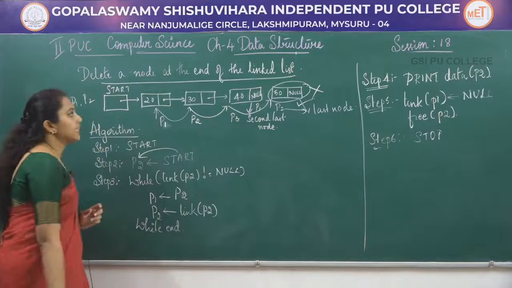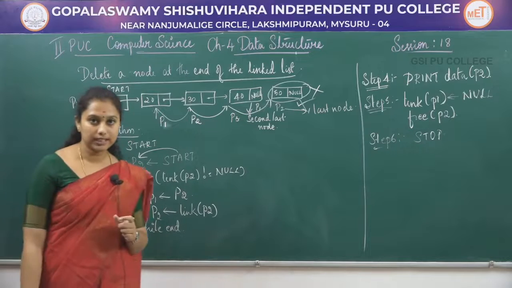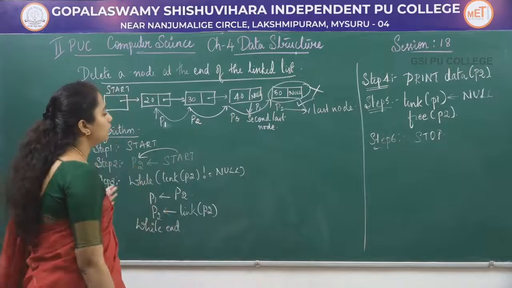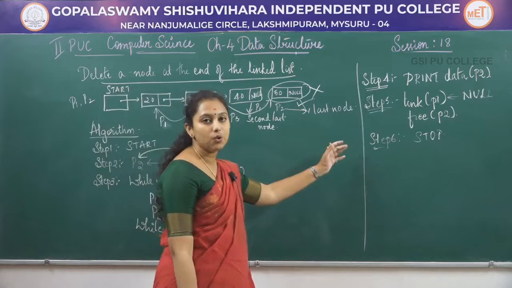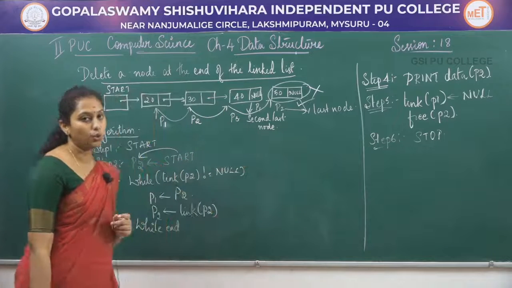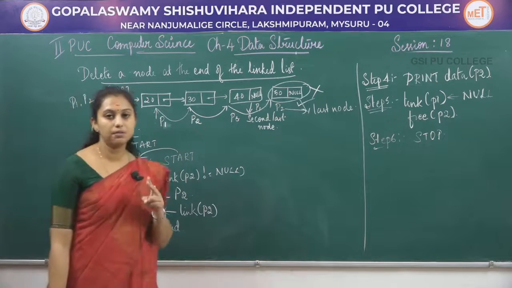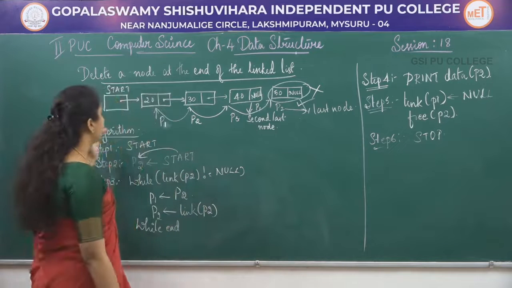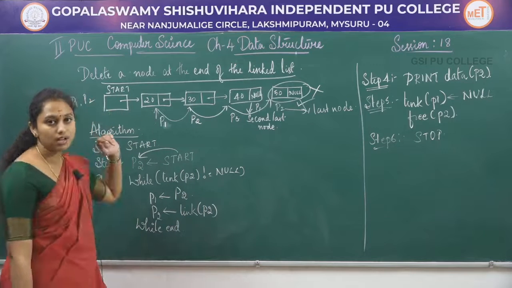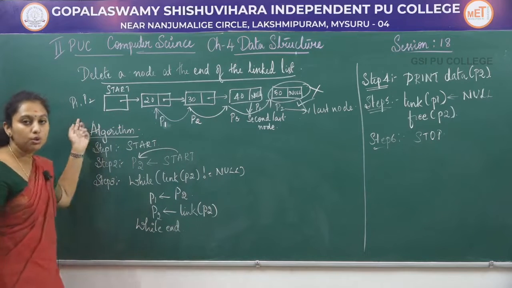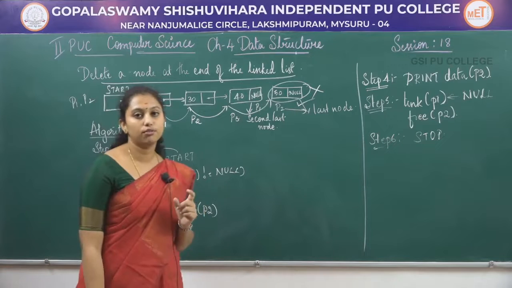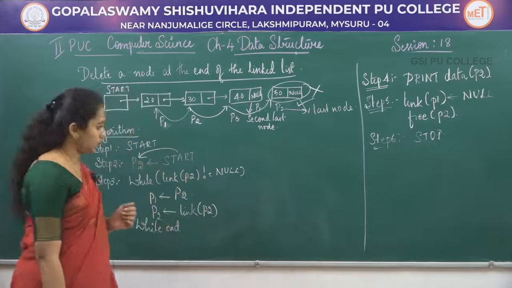So while deleting a node from the end of the linked list, first we have to find out the last node as well as the second last node in the linked list. Here we are using two pointers, P1 and P2. P2 is used for traversal and P1 is used to store the location of the previous node.